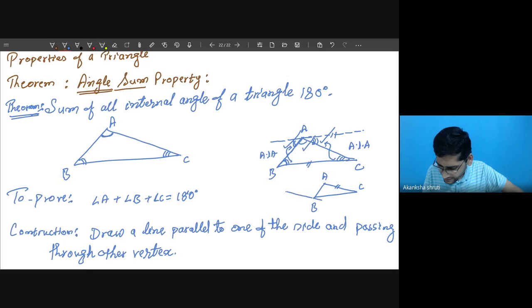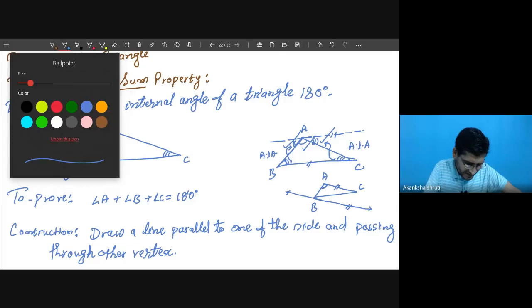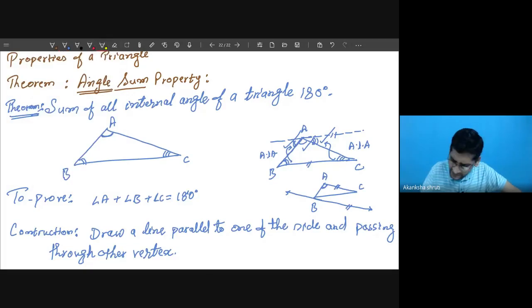So whatever this one means, this time this is parallel to this one. This is angle A. Okay, student. Now observe carefully. At this time, this AB is acting as a transversal. Therefore, in this case, since this AC is parallel to this line we have drawn, and AB is the transversal, this angle will be this one.